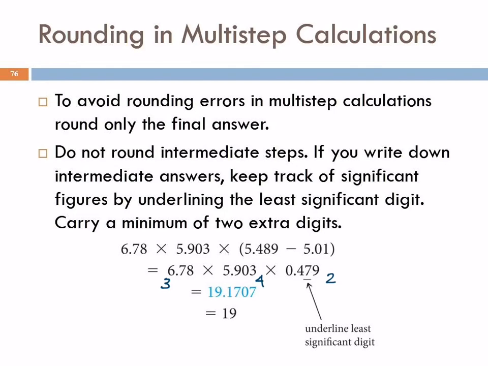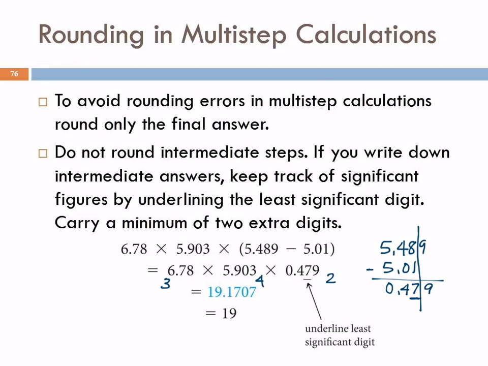Any questions? Yes? How is that 260? If we were just doing this problem by itself, 5.489 minus 5.01, what we would do is draw a line here, and we would say, oh, this is our last significant figure.